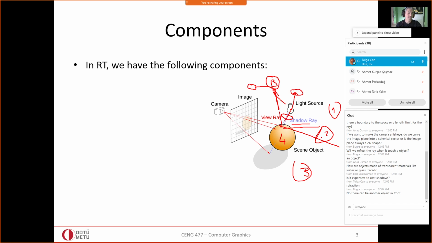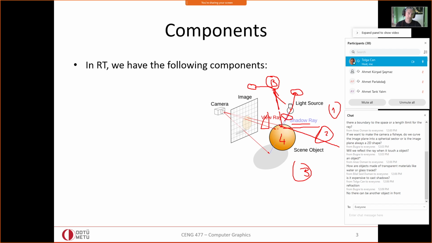But if we find the intersection of object 2 with the ray first, it doesn't mean that this ray sees object 2. It's actually seeing object 4 because it's closer. Therefore, we need to intersect the ray with all of the scene objects, and among the intersections, we need to keep the closest one, because if there is another triangle here, for example, the ray will be seeing that triangle.